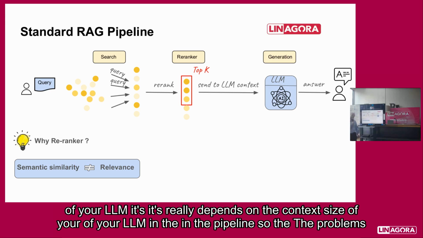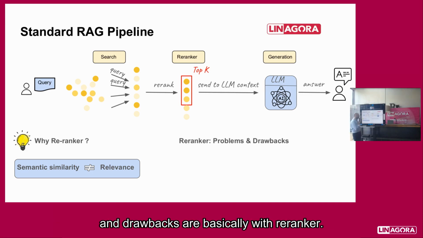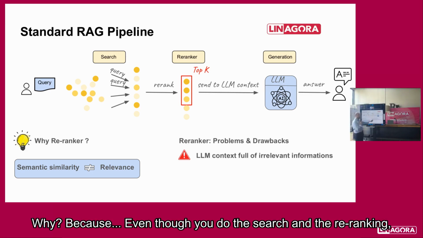It really depends on the context size of your LLM in the pipeline. So the problems and drawbacks are basically with the re-ranker.